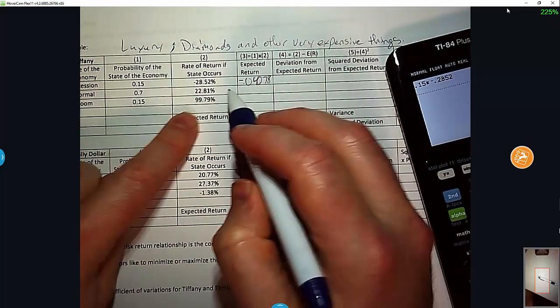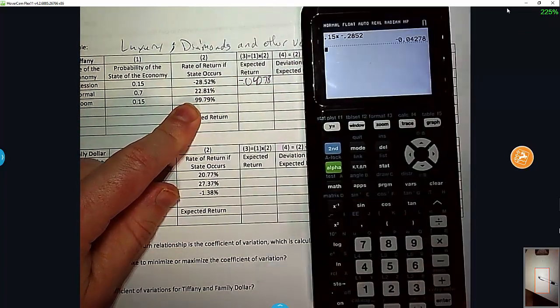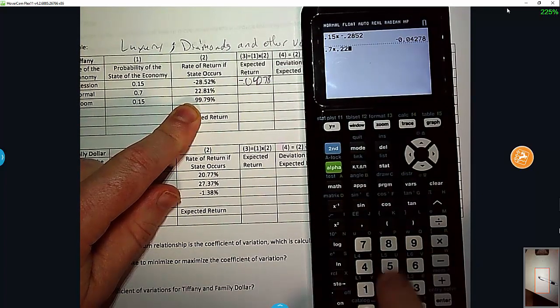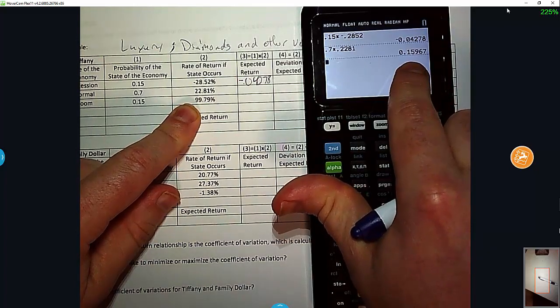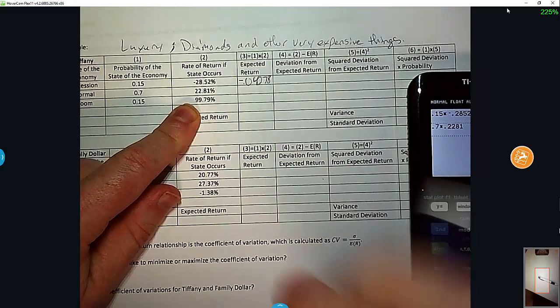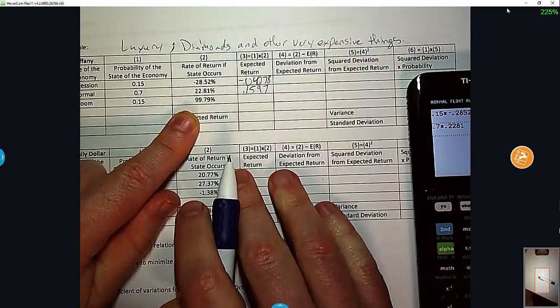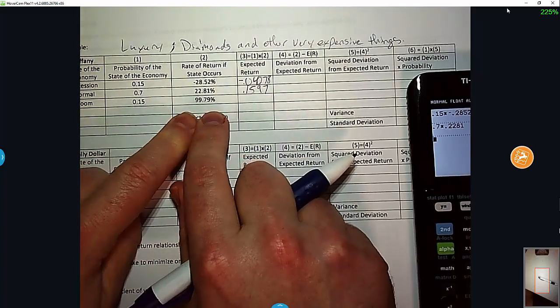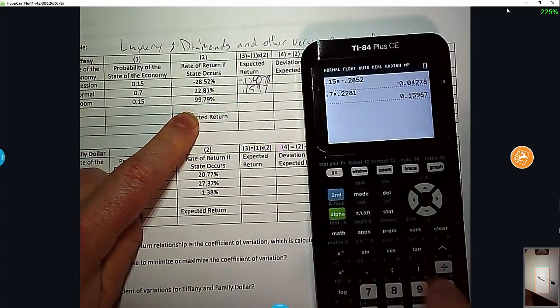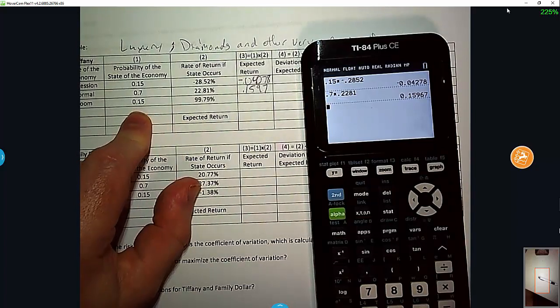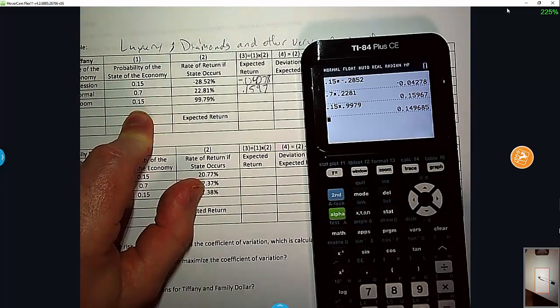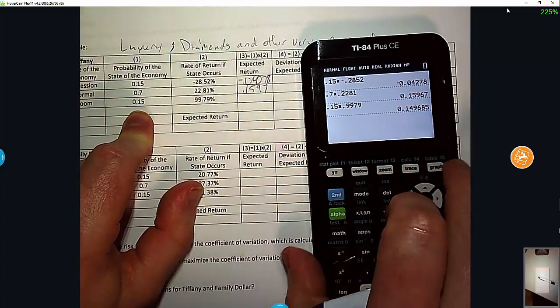I take 0.7 multiplied by 22.81, and I get a value of 0.1597. And then finally, I'm going to take 0.15 multiplied by pretty much 100%, but I'll put in 0.9979. And that gives me a value of 0.1497.